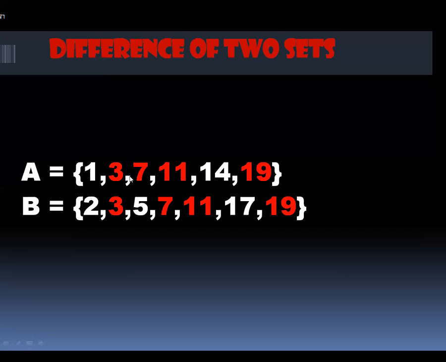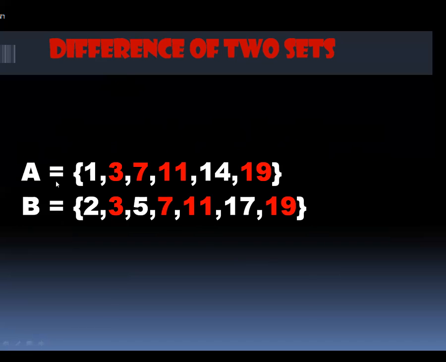So the first thing you're going to do is find the elements that are common to both sets. The elements common to sets A and B are 3, 7, 11, and 19. So these are the elements common to sets A and B. So we're going to find the difference of two sets.